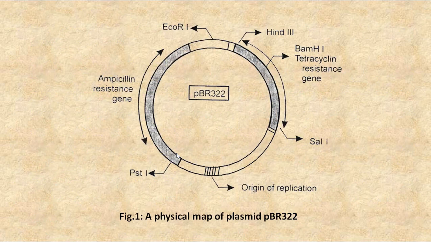Now this is the physical map of plasmid pBR322. Here you can see the resistance gene tetracycline having restriction sites HindIII, BamHI and SalI, and the other ampicillin resistance gene having the endonuclease restriction site PstI. This plasmid also has an origin of replication.